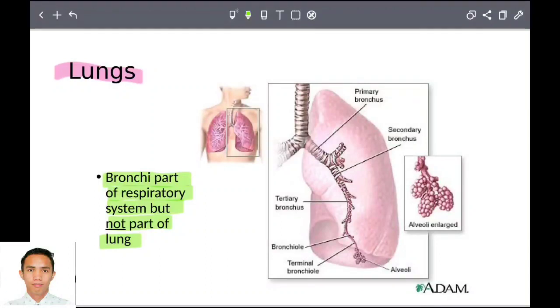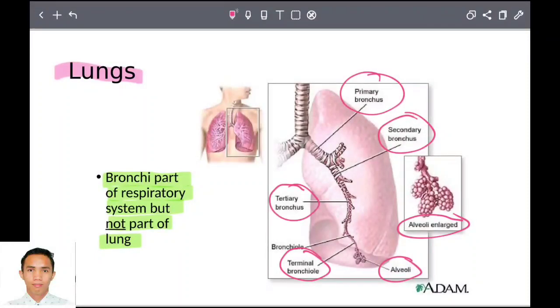These are the organs of the respiratory system: the primary bronchus, the secondary bronchus, the alveoli enlarged, then the alveoli. Then we have a terminal bronchiole here, and then the tertiary bronchus. These are the parts of the respiratory system for gas exchange in humans.